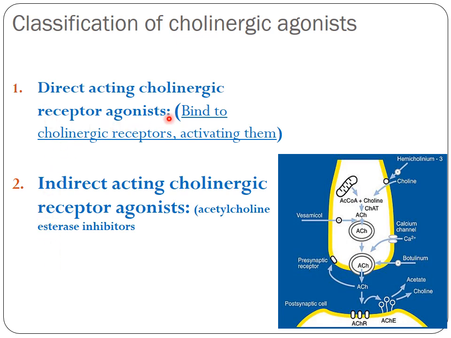The direct acting cholinergic agonist, from its name, binds to the cholinergic receptor and activates them, while the indirect acting cholinergic agonist have nothing to do with the cholinergic receptor, but they are going to increase the amount of acetylcholine in the synaptic space. How? By decreasing its breakdown. How? By inhibiting the choline esterase enzyme.